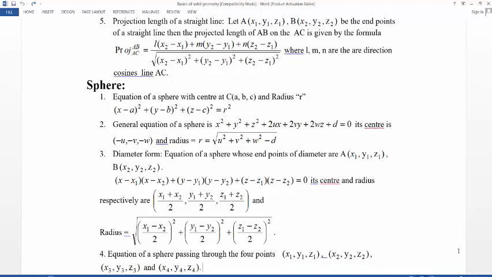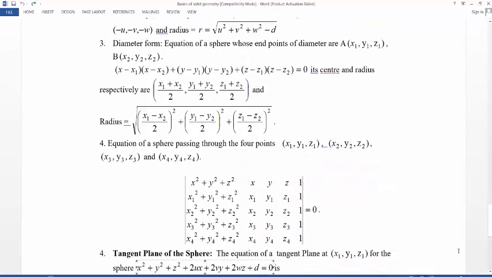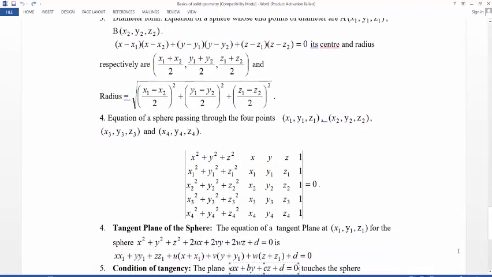Now next is equation of sphere passing through 4 points. These are 4 non-coplanar points having coordinates x1, y1, z1, x2, y2, z2, x3, y3, z3 and x4, y4, z4. Then the equation of the sphere is given by the determinant of a 5 by 5 matrix.